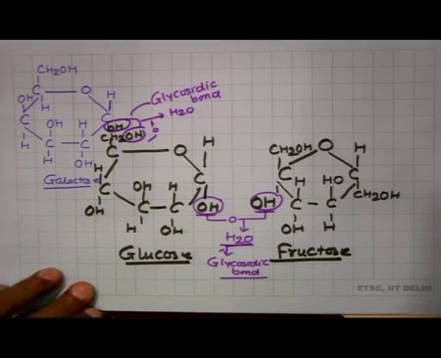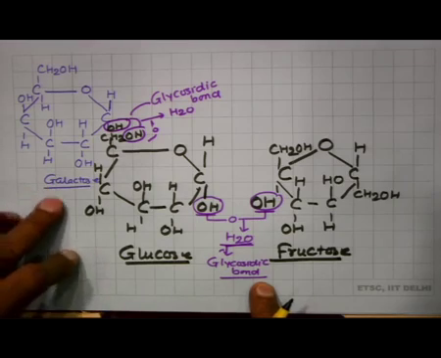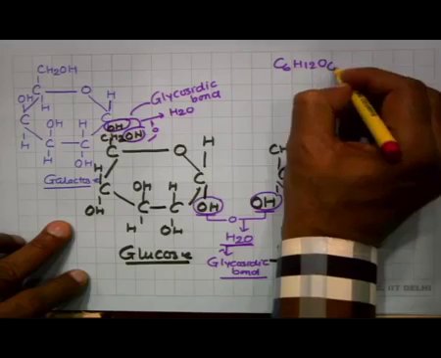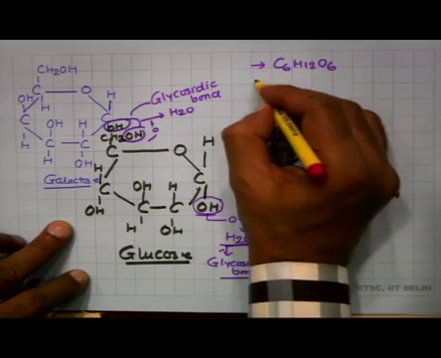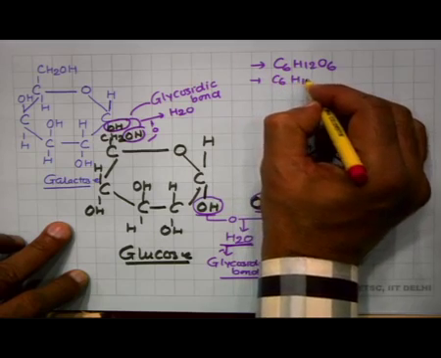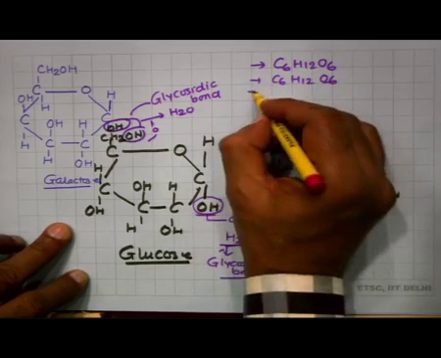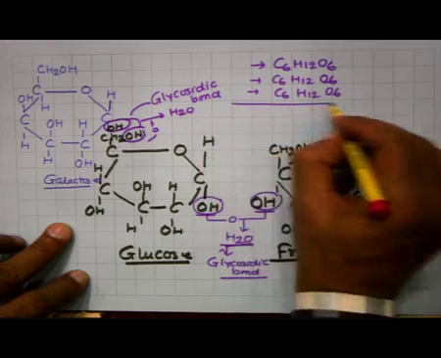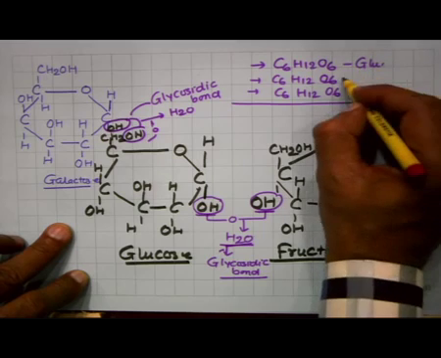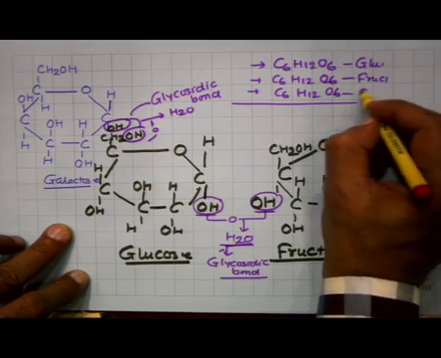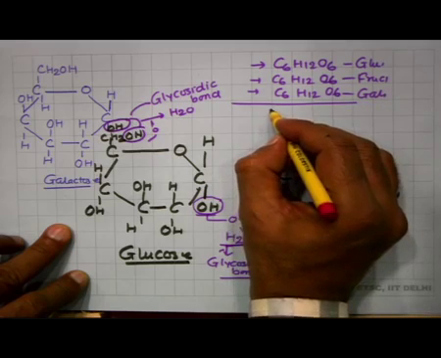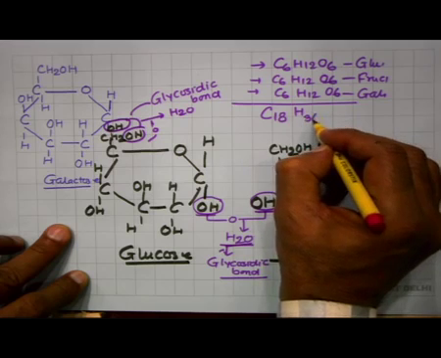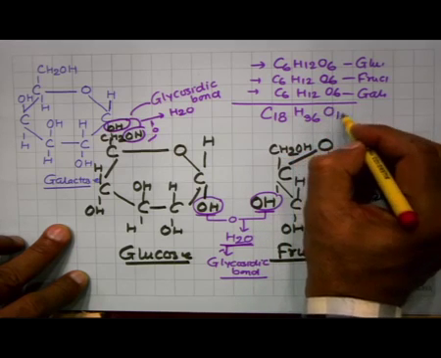Now, you can write the formula of raffinose. Raffinose is made by C6H12O6 glucose, C6H12O6 fructose, and C6H12O6 galactose. Now, the formula will be C18H36O18.